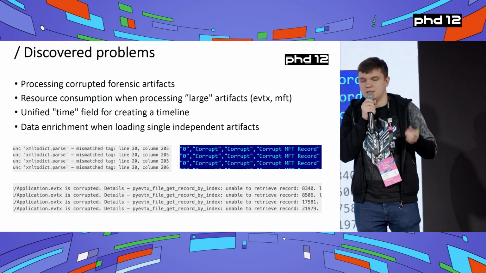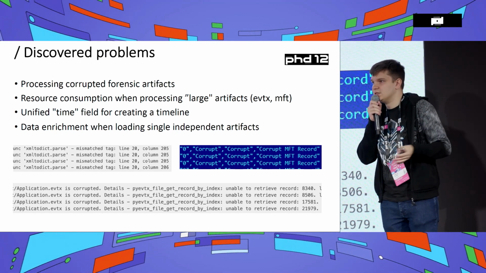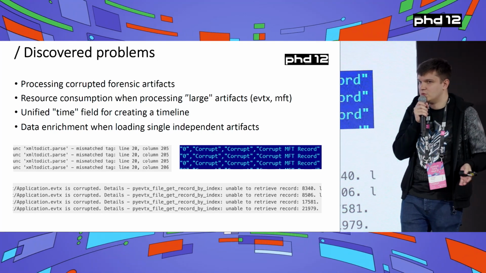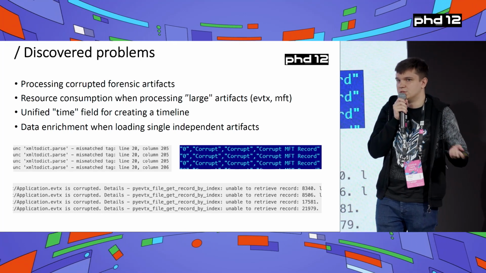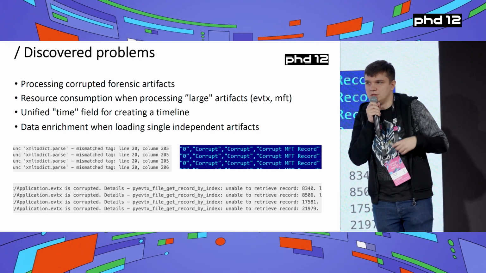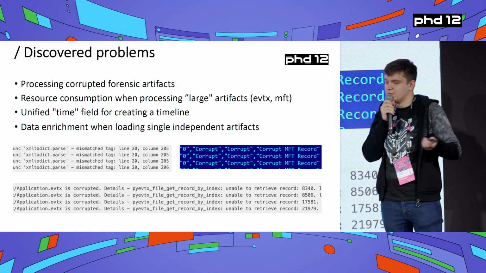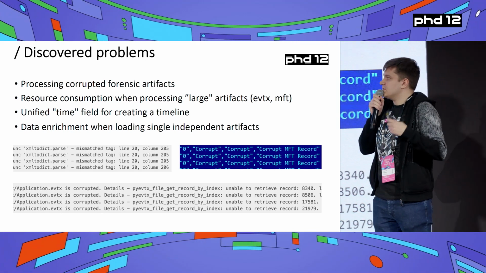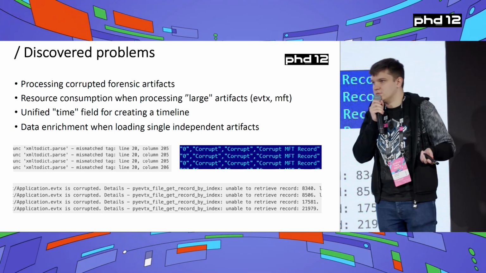Then resource consumption when processing large artifacts. In case of some structured data, there is no problem, but in case of binary data, for instance MFT, we have to upload that into the memory and process it there. There is also a problem with launching all that in a Docker.